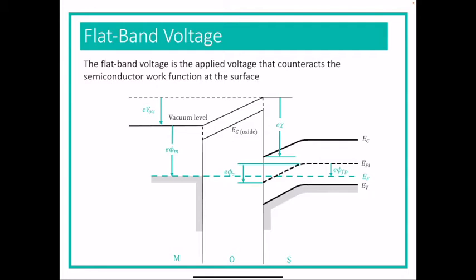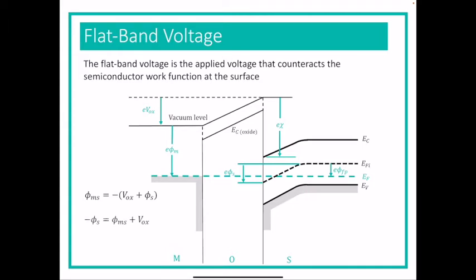And remember we said that the metal semiconductor work function is equal to the negative voltage of the oxide plus that very work function at the surface between the semiconductor and the oxide.